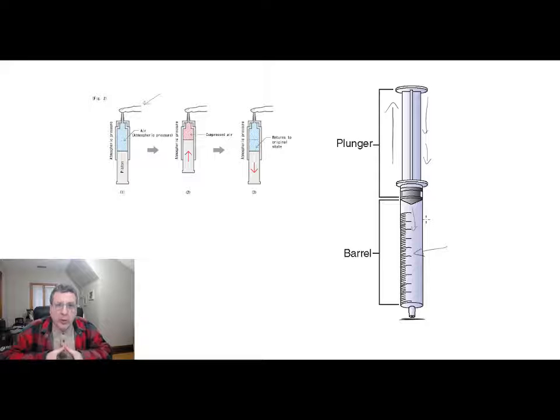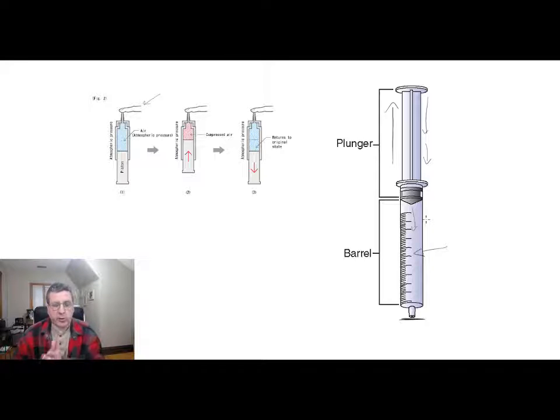When your thoracic cage gets larger, the volume in your thoracic cavity gets larger. And when the volume gets larger, the pressure decreases. When you exhale, your thoracic cage shrinks in, gets smaller, so your volume is decreasing, but the pressure is then increasing.